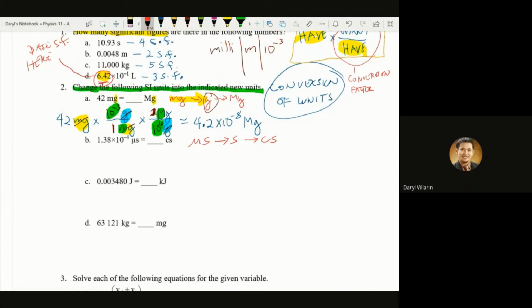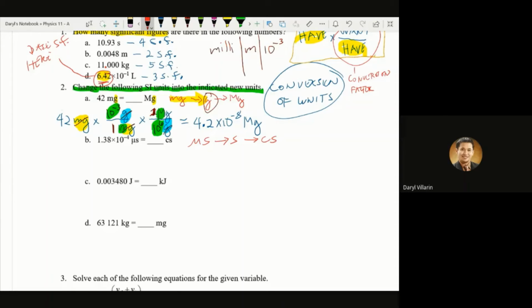That means I will convert first from microsecond to second and from second to centisecond. And why is it that I can do that? The reason is I have my prefix table. Remember that the base unit doesn't have any prefix, and the multiplier of that one is just 10 to the power of 0, or just 1.